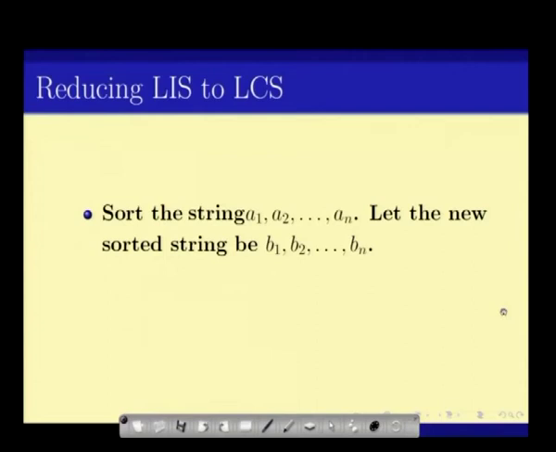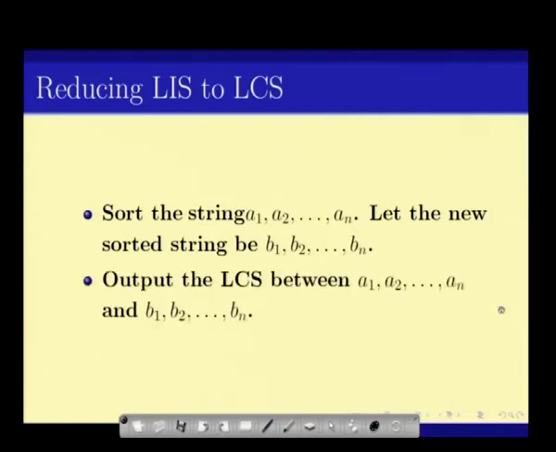Here is the algorithm. First, I sort the a1 to an. Let the sorted string be b1 to bn. I output the longest common subsequence between a1 to an and b1 to bn, and I claim that this is my answer.